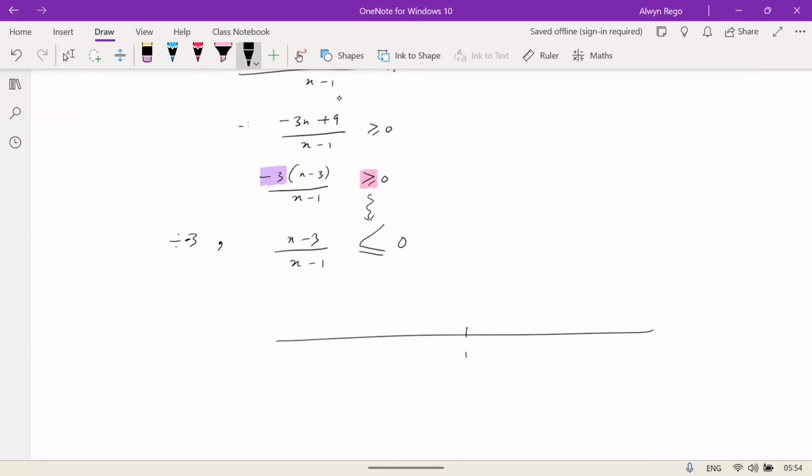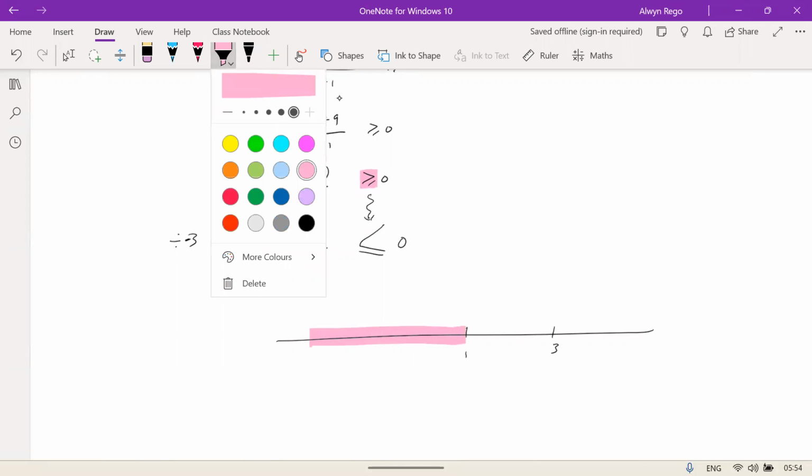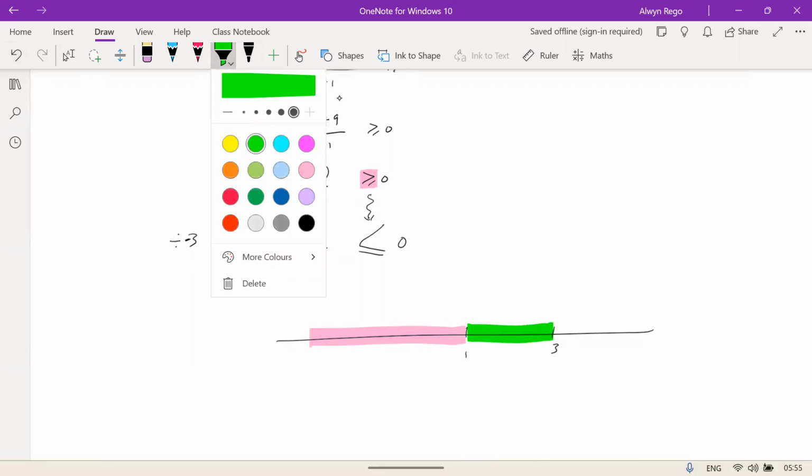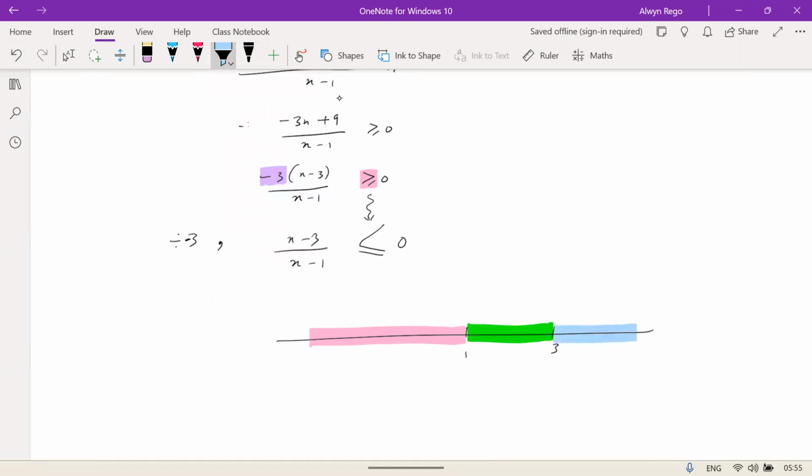Now the same story again. You have a 1 and a 3 here, so you have 3 zones: zone number 1, zone number 2, and zone number 3, where you can find your solutions.